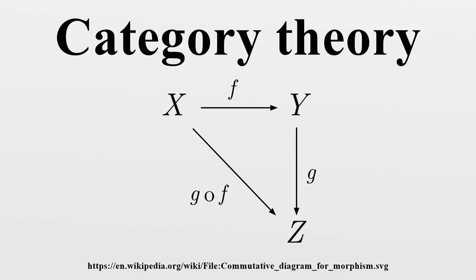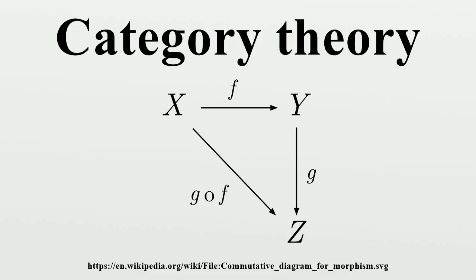Consider the following example. The class GRP of groups consists of all objects having a group structure. One can proceed to prove theorems about groups by making logical deductions from the set of axioms. For example, it is immediately proven from the axioms that the identity element of a group is unique.